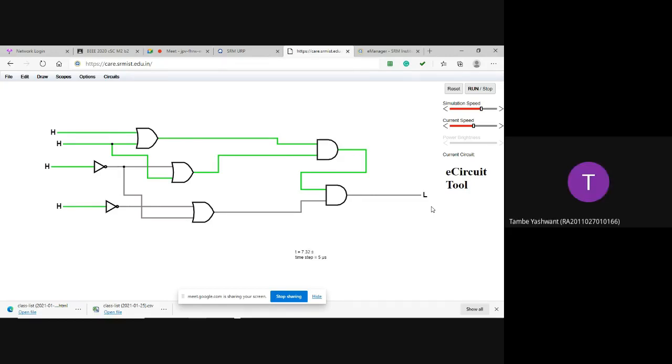Ma'am, but what, pi or sigma? Product of sum, 5 only. Okay, all are done with the question.